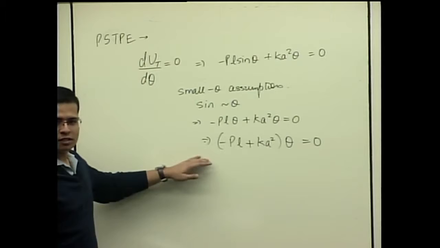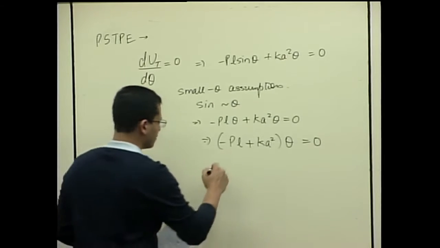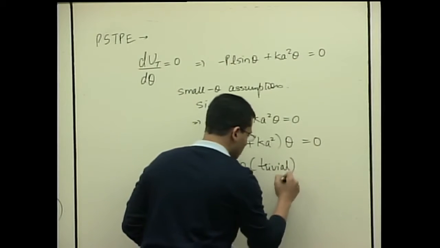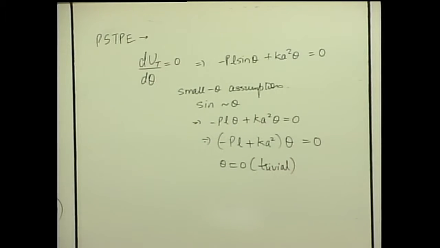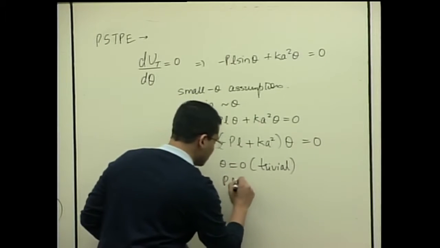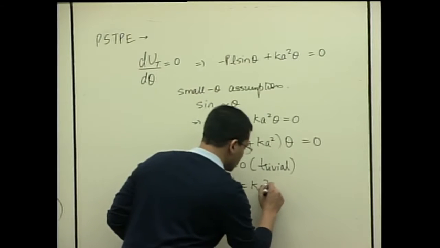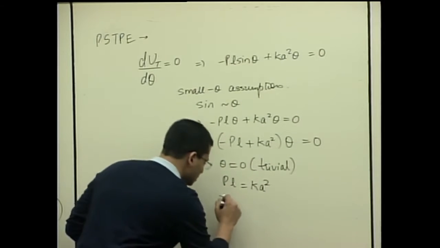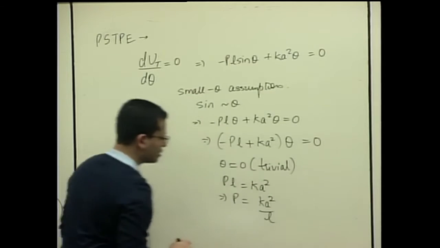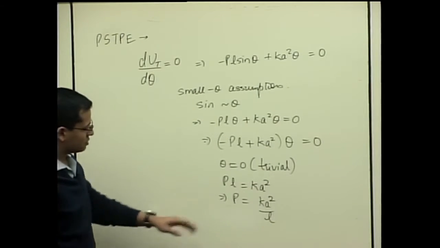So solutions to this equation are theta is equal to 0, which is a trivial solution. What happens when theta is 0? This bar, which was in vertical position, remains in vertical position, right? So that's the trivial solution. Then we have another solution where PL is equal to k a square, which gives a value for P as k a square over L, right?